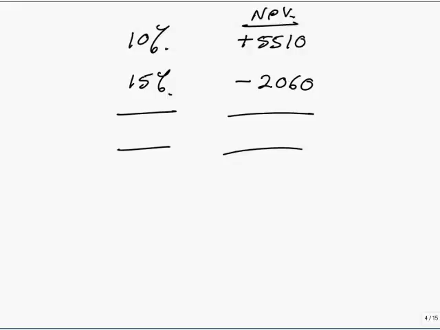We say between the 2, we've changed from 10 to 15, it's changed by 5 percentages. And at the same time, the NPV has changed. It's gone from plus 5 to minus 2.